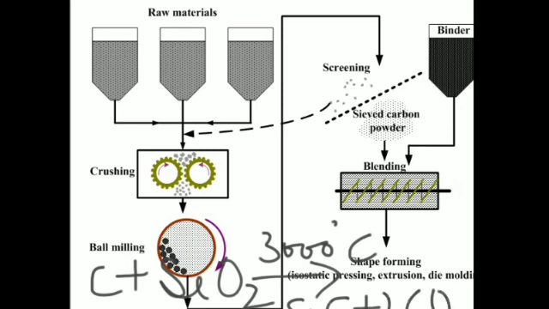This silicon carbide reacts in the presence of ferric oxide, that is Fe2O3. It is heated to form silicon, and graphite is formed.